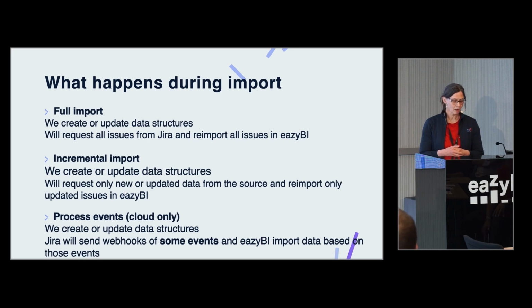During incremental import, we create or update data structures, request only new or updated issues from the source, and reimport all the information about those issues in eazyBI. For process events, we also create or update data structures, collect webhooks sent by Jira, and only import data based on those webhooks.